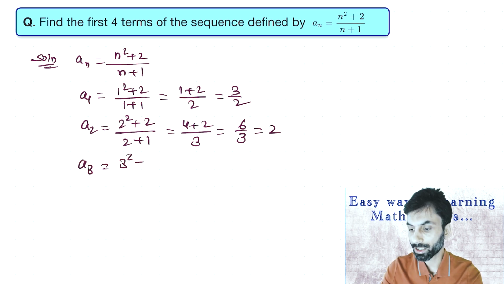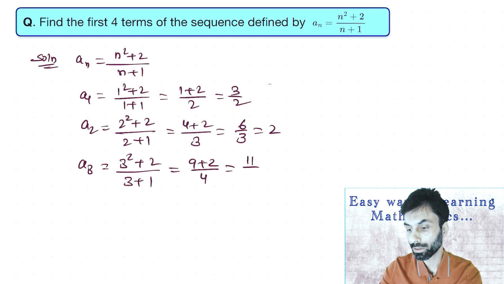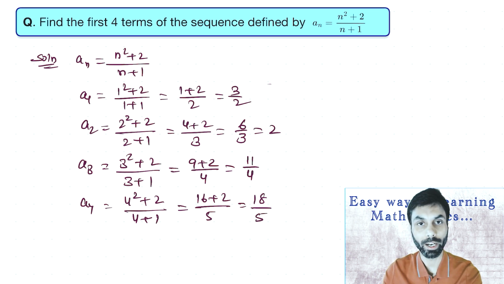a3 is 3 square plus 2 upon 3 plus 1, which is 9 plus 2 upon 4, that is 11 upon 4. a4 will be 4 square plus 2 upon 4 plus 1, which is 16 plus 2 upon 5, that is 18 upon 5.